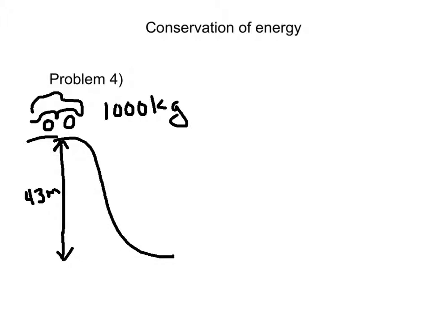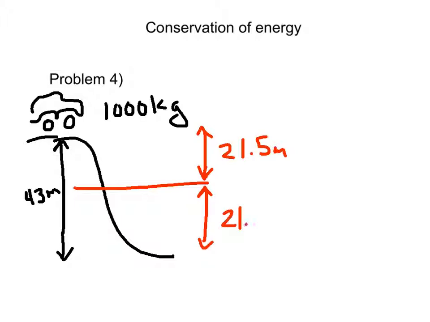So now we need to try to determine, at this halfway point, once the car has reached exactly halfway down the hill, or in other words, has traveled down a height of 21.5 meters, and still has another 21.5 meters to go, what are the energy components?